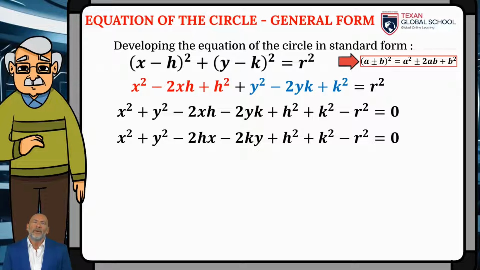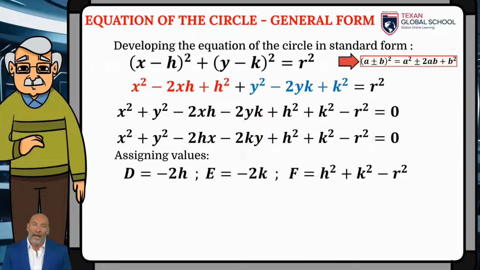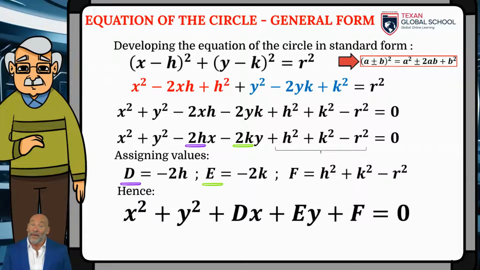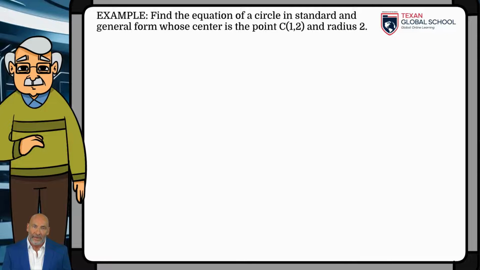Now, group quadratic terms, linear terms, and independent terms. So we can assign values like d equal to -2h, e equals -2k, f equals h squared plus k squared minus r squared. So, we have the general form of the equation of a given circle as x squared plus y squared plus dx plus ey plus f equals 0.